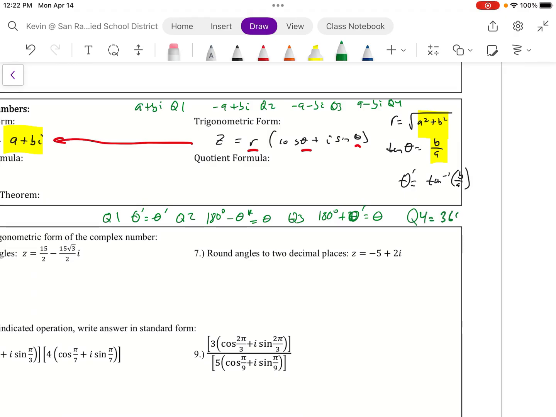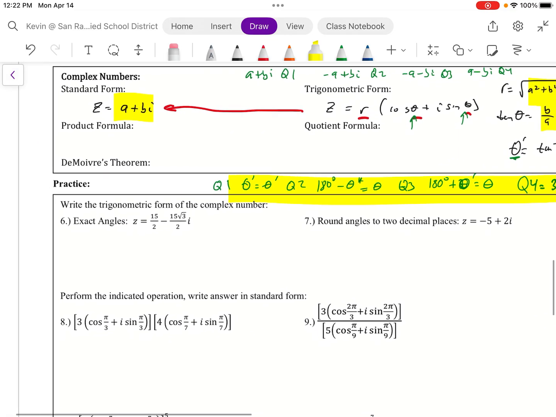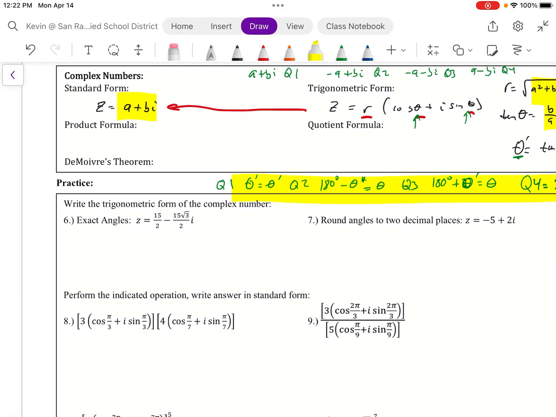If it's in Q4, then it's 360 degrees minus whatever your reference angle is. So that is our reference angle, and then the angles that you would put in here are going to be dependent on what that actual angle is.